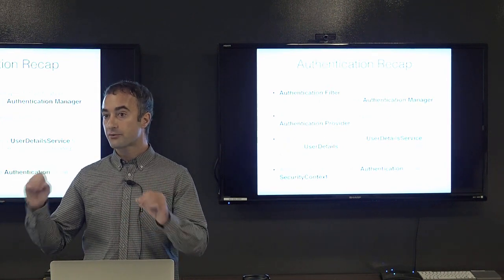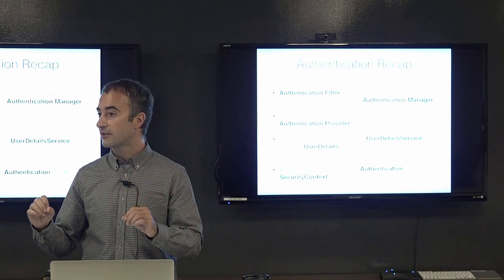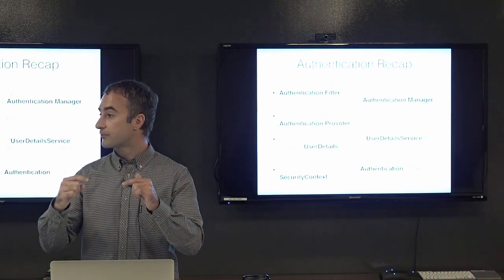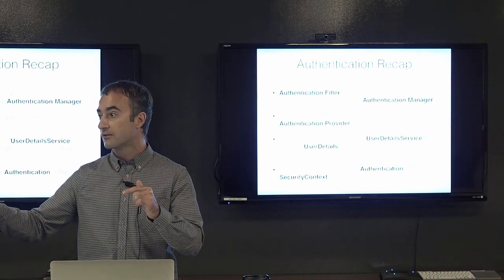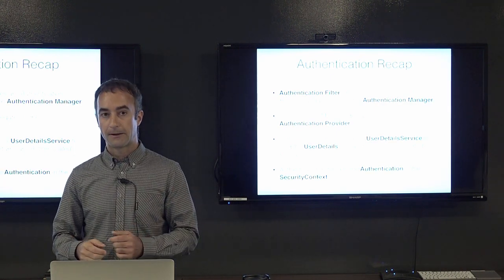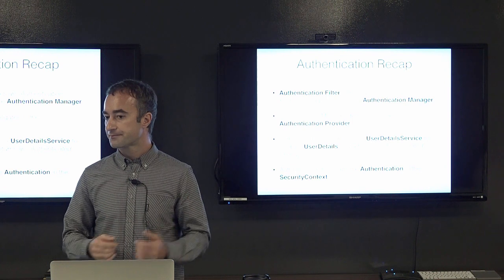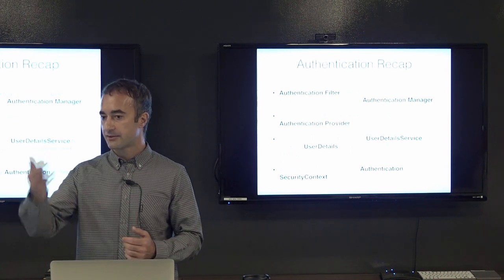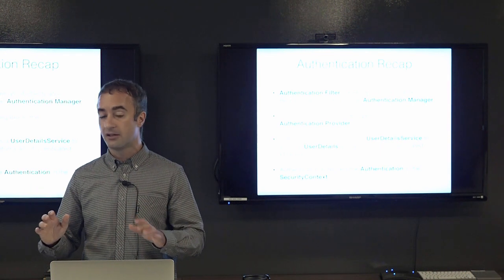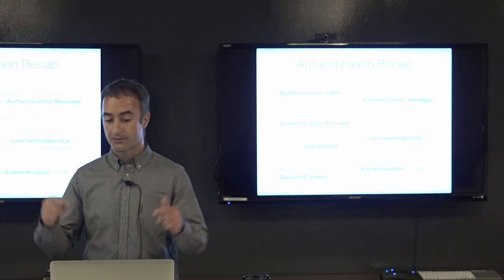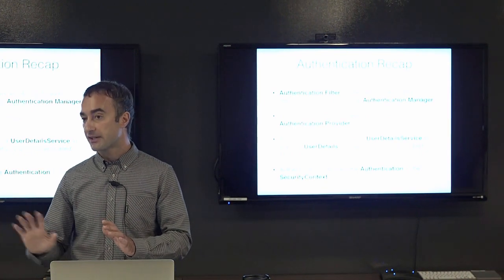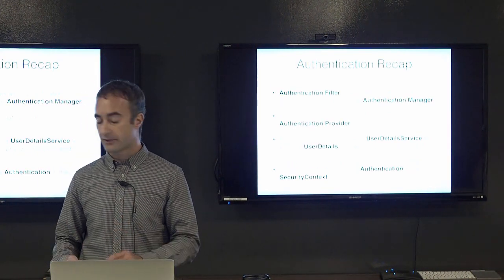The only responsibility of the authentication provider is to return an authentication with an authenticated principal, however it does that, or if it can't authenticate, throw an exception. It comes back to the filter, and then the filter sets it on the security context. That's the pattern for all authentication mechanisms: HTTP basic, form login, all the others.